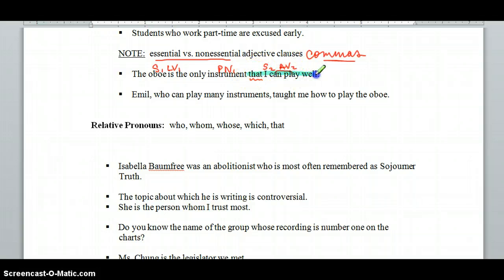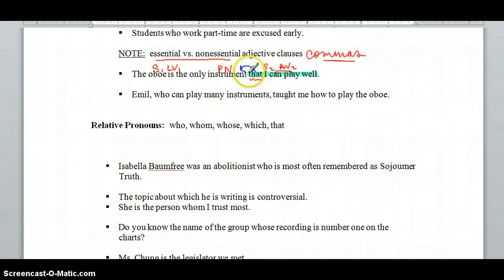So that I can play well is an adjective clause telling me more about instrument. In this case, I do need it because if I take it out, the oboe is the only instrument. Grammatically it makes sense, but the meaning doesn't make sense. Well, what about the only instrument? What? That I can play well, that I don't know how to play, that I really love.